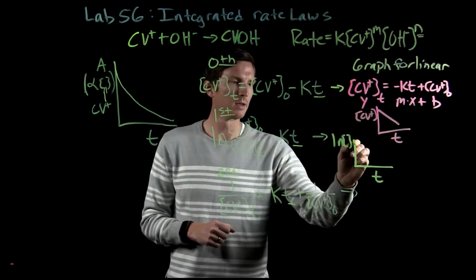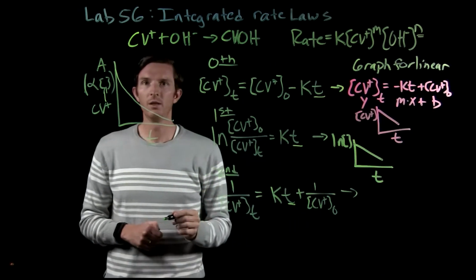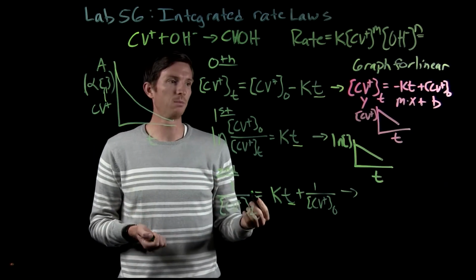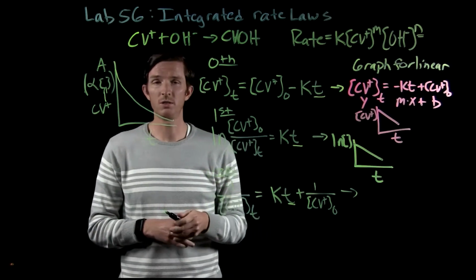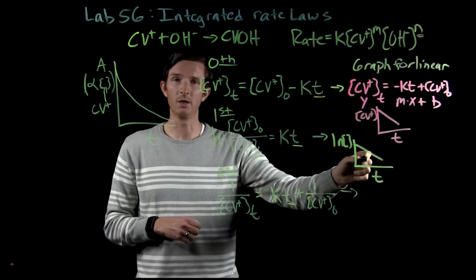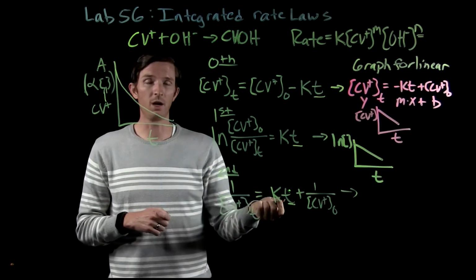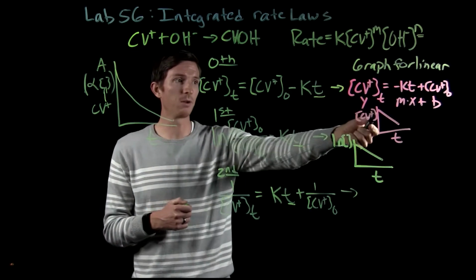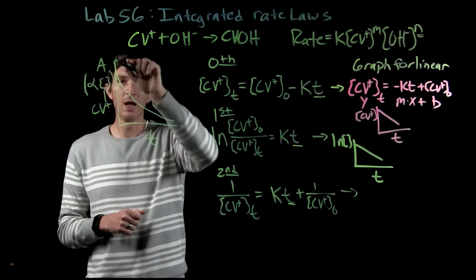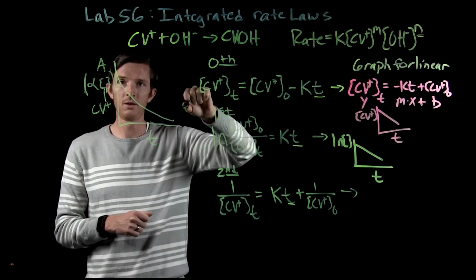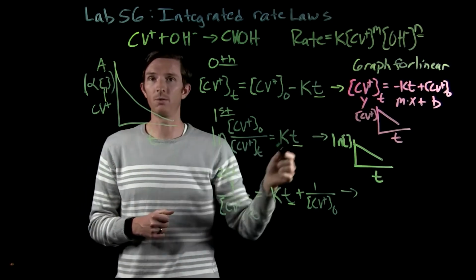Once we do that, we would also get a linear relationship here. Now, if I were to graph natural log of crystal violet concentration versus time and did not get something linear, that would tell us it's not first order. Likewise, if I were to graph crystal violet concentration versus time like I have over here, and we can see this is definitely not linear, that would tell us it's definitely not zeroth order.